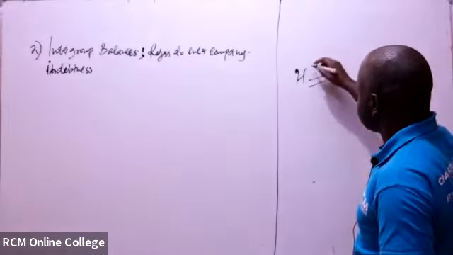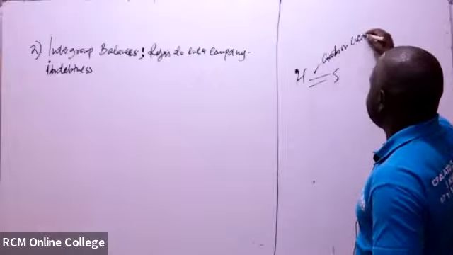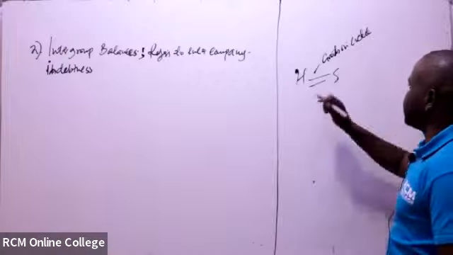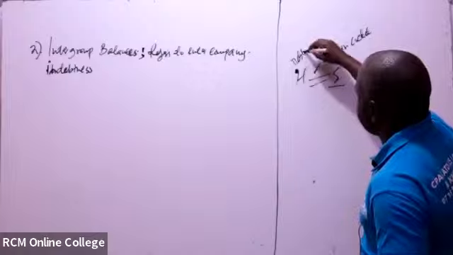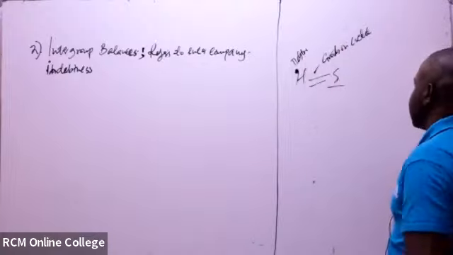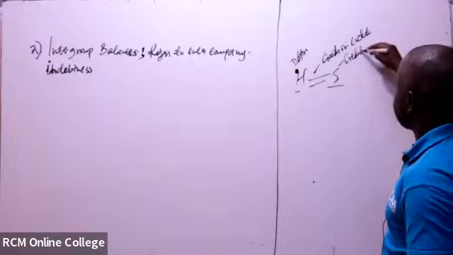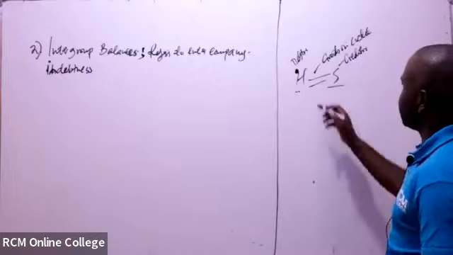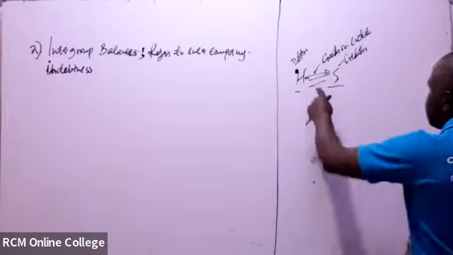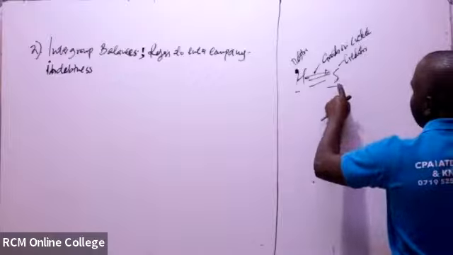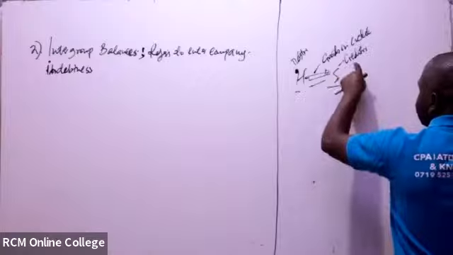And therefore this subsidiary becomes a debtor to this one, and this holding company becomes a creditor to this subsidiary, because this one is the one that sold the goods.